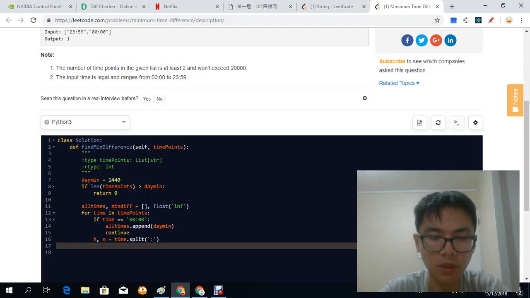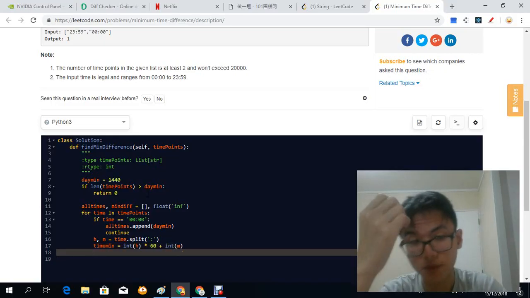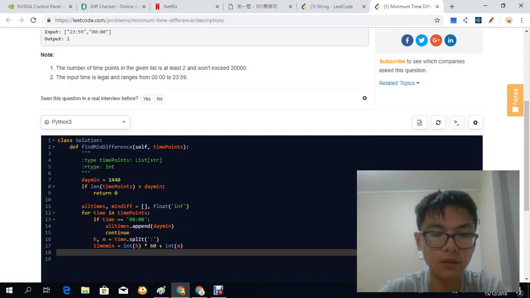Then how are we going to convert it to minutes? We all know 1 hour consists of 60 minutes, and add the minute, so we get the converted form.